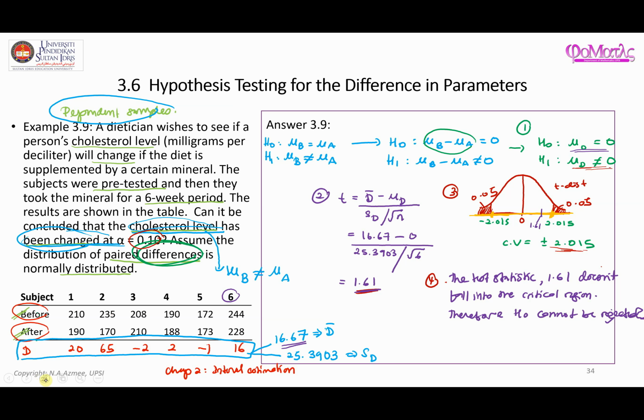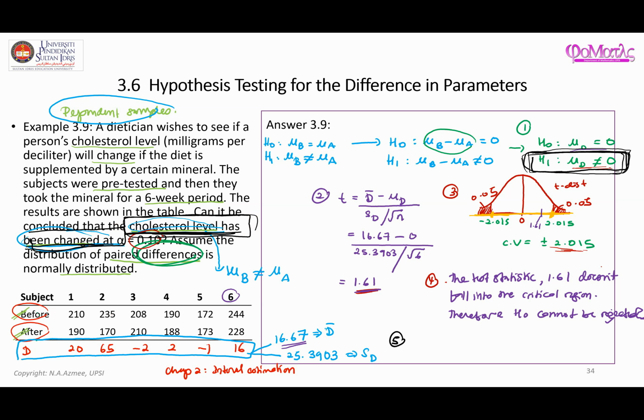And the last step is for you to come up with a conclusion. As I said earlier, whenever you want to write the conclusion, you always relate with the alternative hypothesis here. If you look at the statement given in the question, the alternative statement here is the same as this one, where it says cholesterol level has been changed. So you can use this sentence here in order to write down the conclusion.